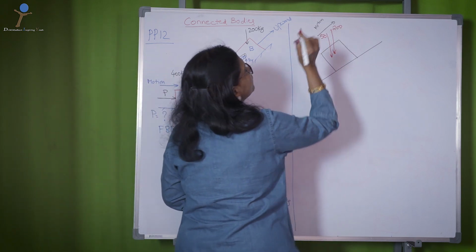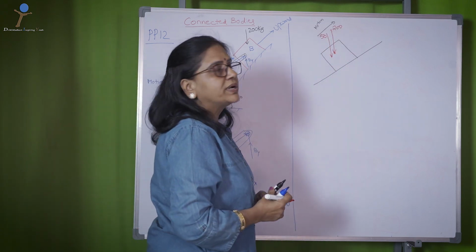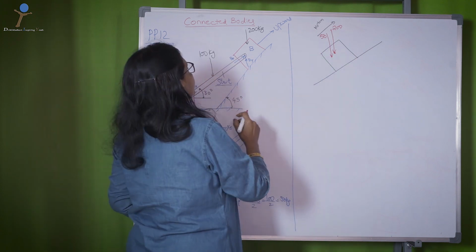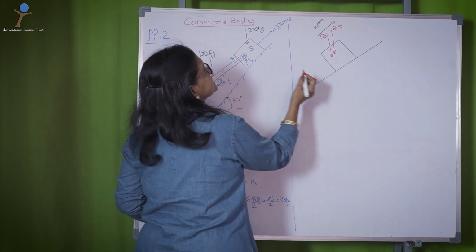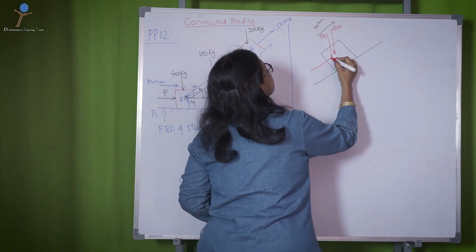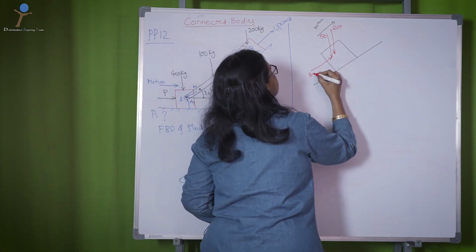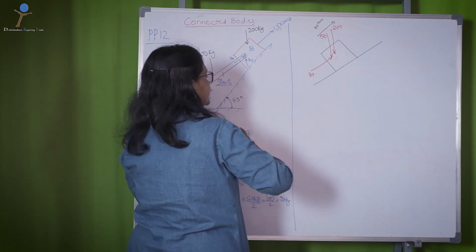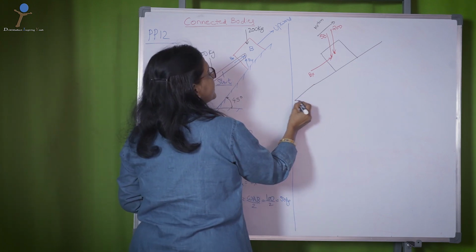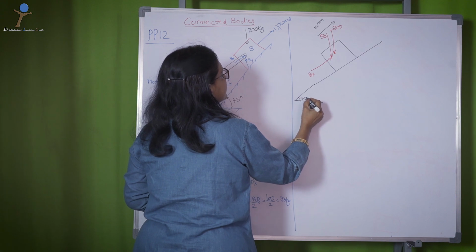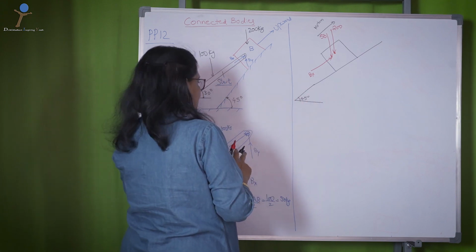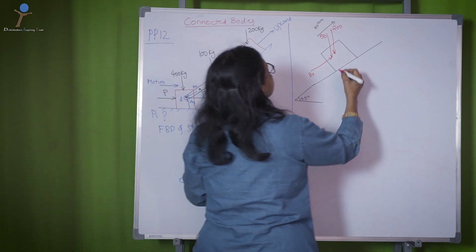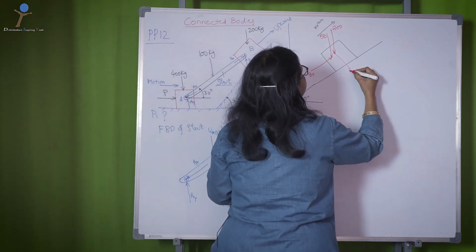So totally 250 vertical weight is acting on the body. Next one is the reaction Bx in this direction. Now, this slope is 45 degrees with the horizontal line.